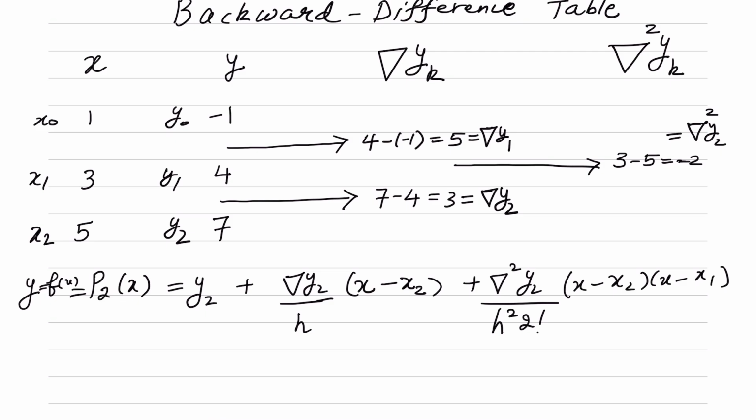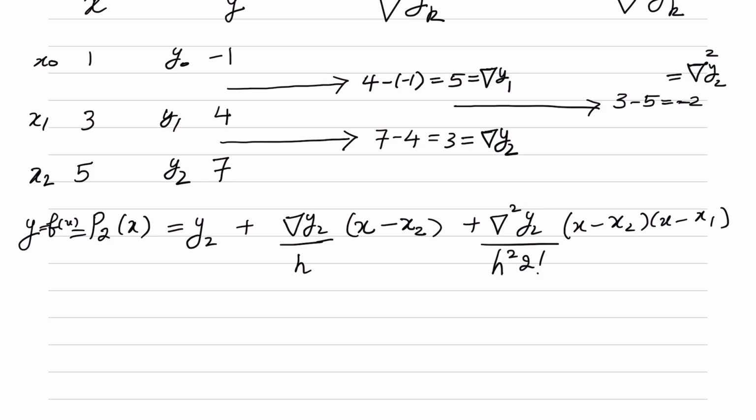Know that the backward differences method and forward differences method only work on equally spaced data, and we can see that our data here is equally spaced because the difference between every two consecutive x values is the same. Here 3 minus 1 is 2, 5 minus 3 is also 2. So we can see that h here is 2.